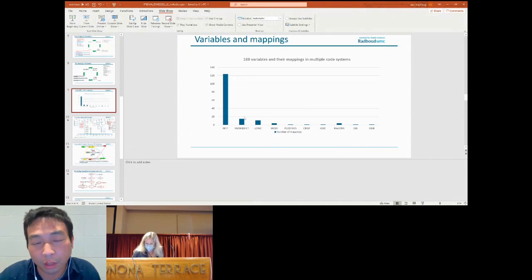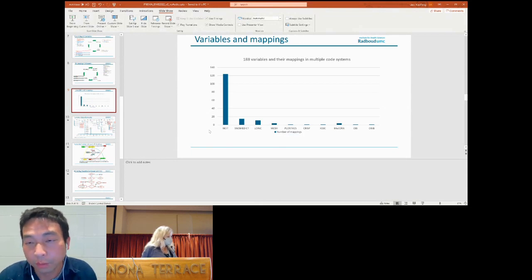So these are the code systems or ontologies where we mainly found matches for our ID variables. The most used one is NCIT. Regarding the several ones you mentioned, unfortunately, we didn't find on BioPortal many mappings for our ID variables.